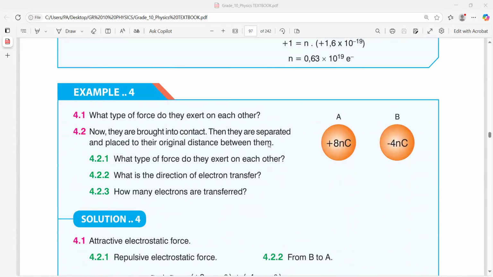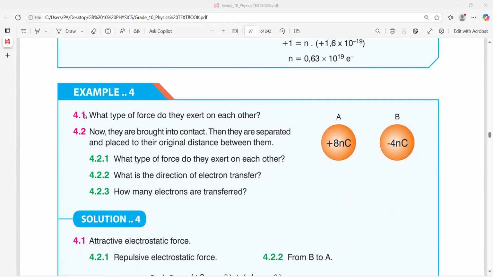Okay, now we have two charged objects A and B, plus 8 nC, where nC is nanocoulombs, 10 to the power of negative 9. We'll write it now. And then you have negative 4 nC. Question 4.1 asks what type of force there is between these two, attractive or repulsive.